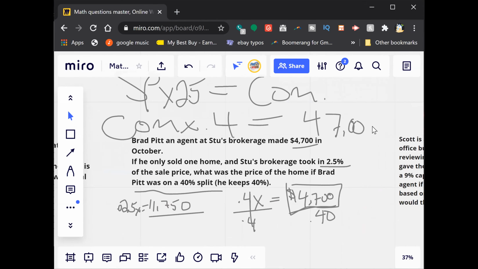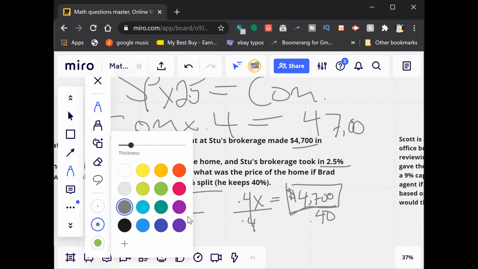Anyone do it yet? I'll go ahead and get that on my calculator. So we got 11,750 divided by 0.025 equals 470,000. So 470,000 is the answer there.